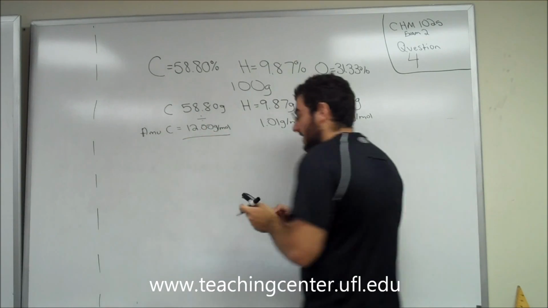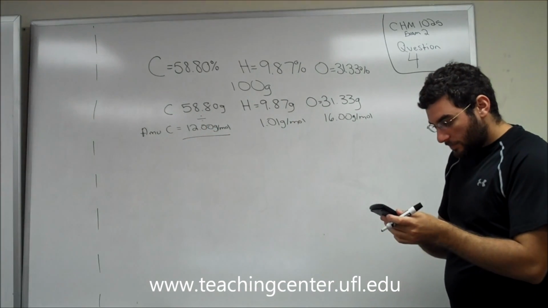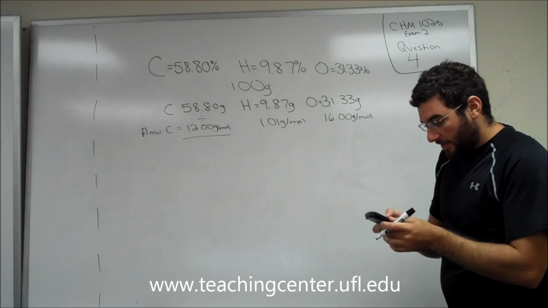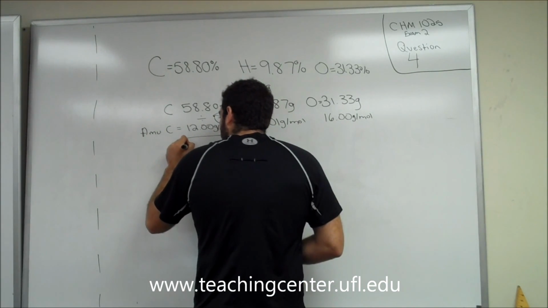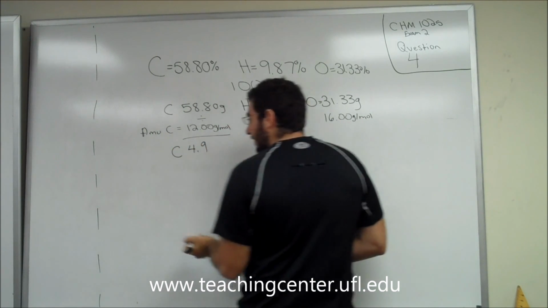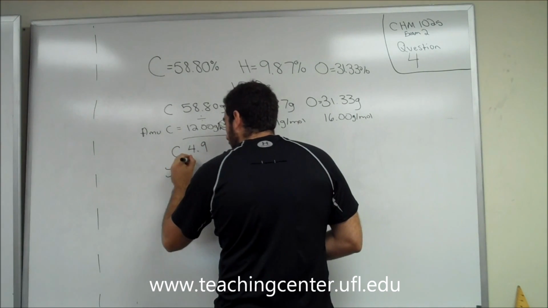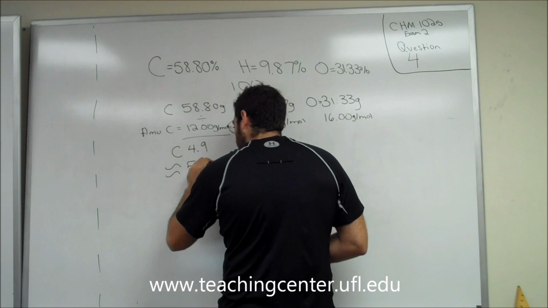So the first thing we're going to do is divide 58.80 by 12 grams per mole. That's going to give us 4.9. So for carbon, we have 4.9, or approximately 5 carbons.